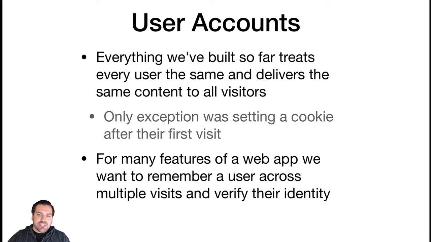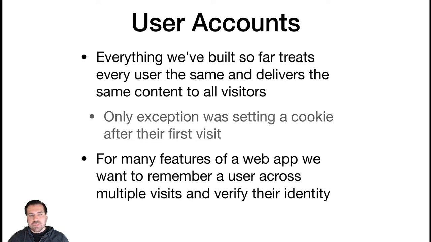We have one single user that we treat as the user, and no matter where those requests are coming from, no matter who it is on the other side, we're treating every single user the exact same. The only small exception that we had was setting a cookie on the first visit. So whether this is a user using a machine and browser that we've seen before and set that cookie or not, we would treat them slightly differently.